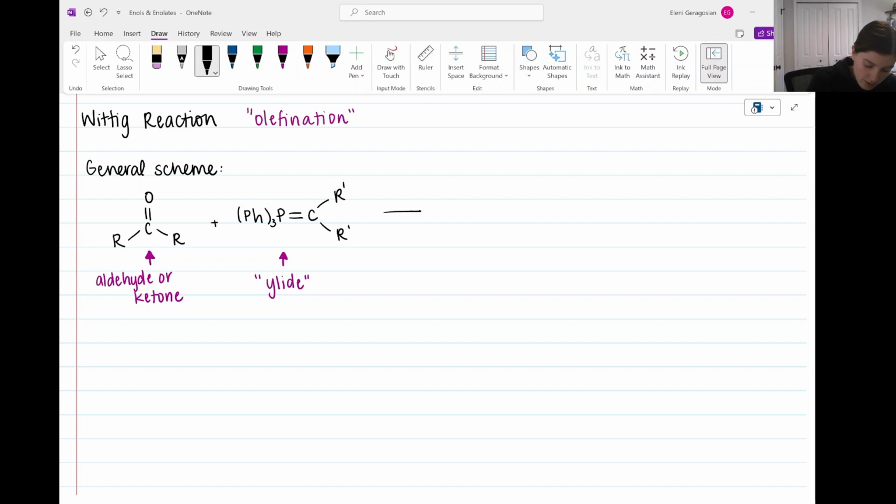So these two starting materials react together and form an alkene. So we take the two R groups and the carbon from the aldehyde or ketone, that is now double bonded to the carbon and the two R groups from the ylide. So here we have our alkene, and another word for alkene is olefin.